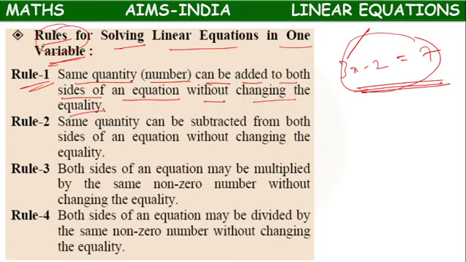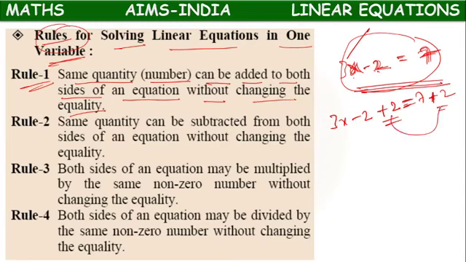Now, if I want to find the value of x here, 3x minus 2 equals 7, this minus 2 we want to remove. For removing minus 2, what we can do? Opposite to that, plus 2 we can add on both sides.